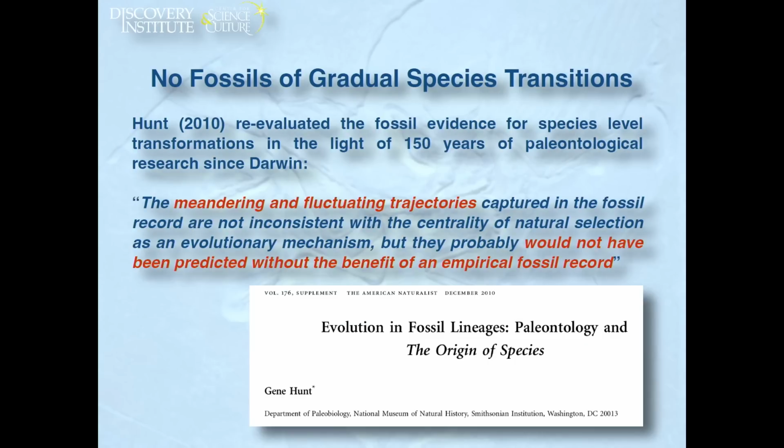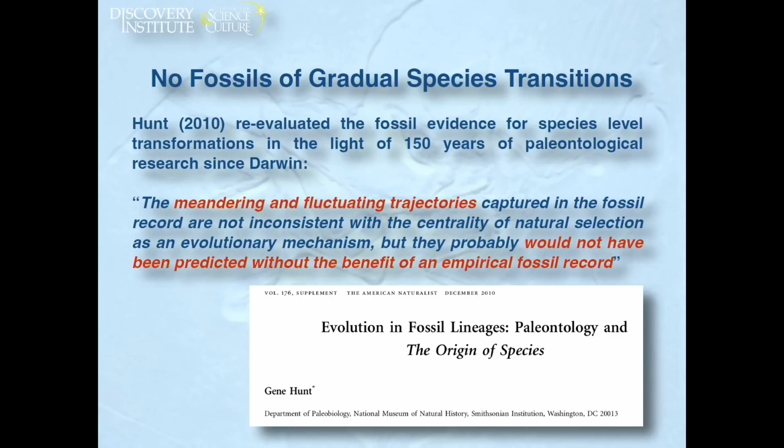And it's a general pattern. There was a paper in the Darwin year in 2009 which looked at all the progress in our knowledge of species-to-species transition in the fossil record in 150 years of research after Darwin. It was this paper by Hunt in 2010. And if you look at the quote from this abstract, it's quite revealing.